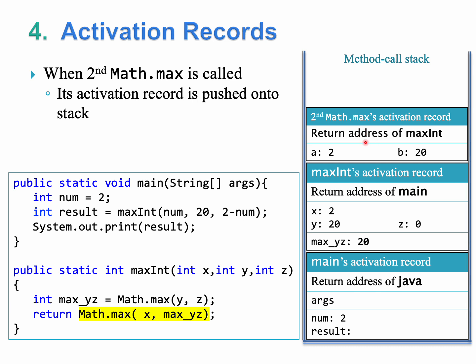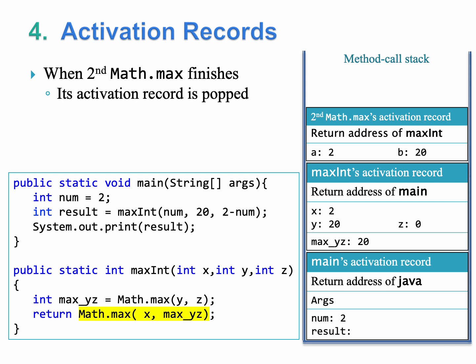In this activation record, parameter a of Math.max receives value x, which is 2, and parameter b receives the value of max_yz, which is 20.